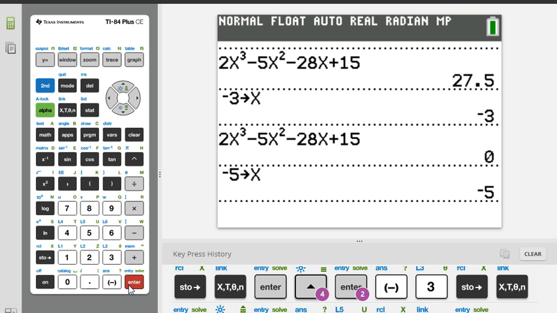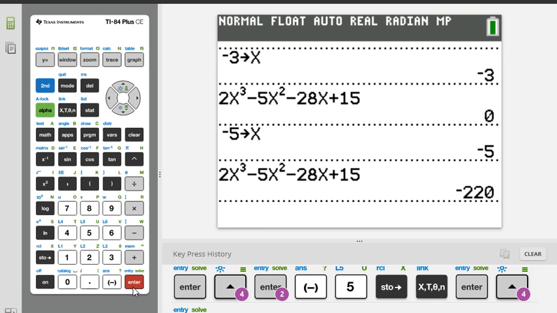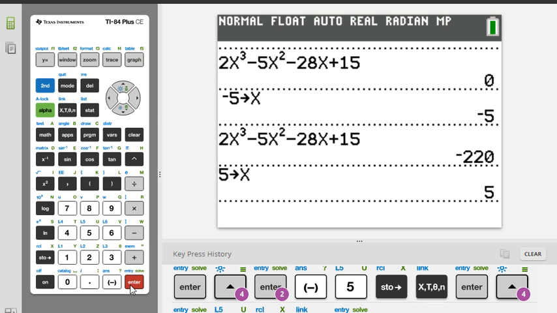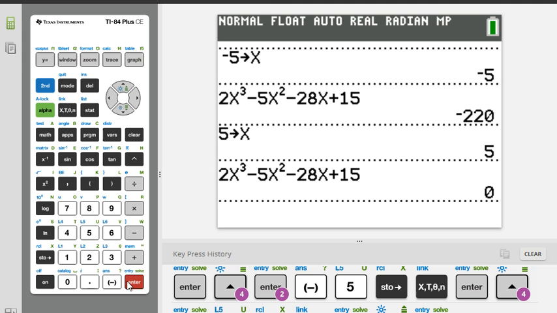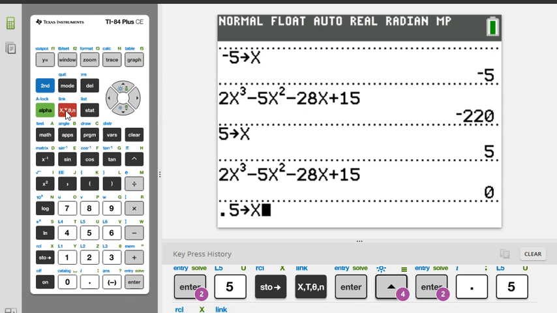Plugging in -5. And -20. Most importantly, not 0. Store into x. Five works, and 0.5 store into x.